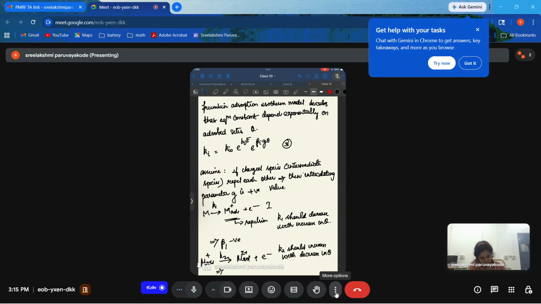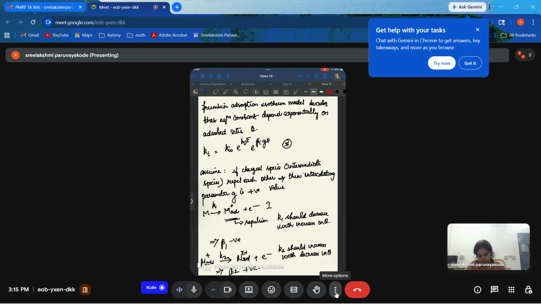So this means beta 2 is positive. So in the first step, where M adsorbed keeps forming, it is negative, and when it is getting consumed, it's a positive value. So that is what it means.